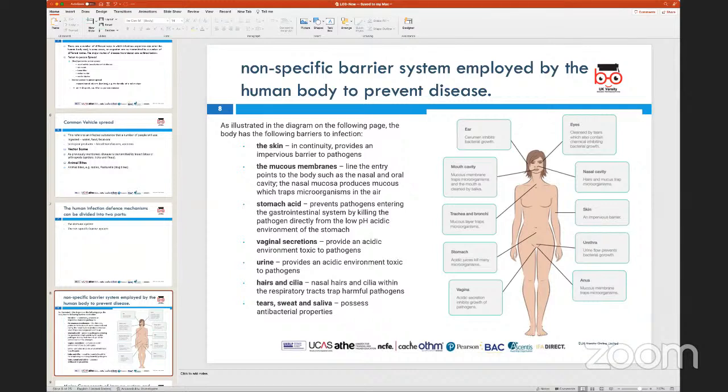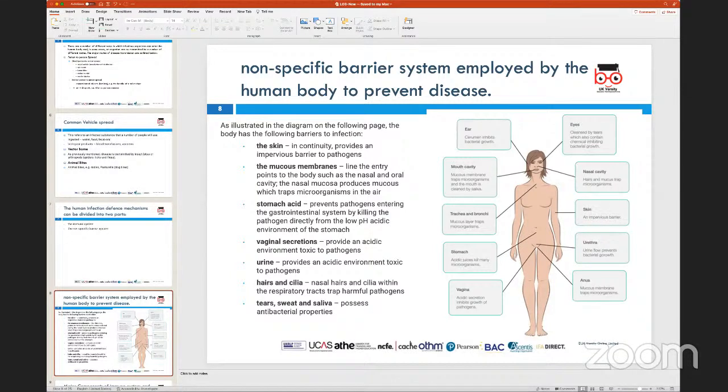Now, say for example you go for a swim in the ocean, and if your body's immune mechanism is weak, there are lots of different types of infections that you can get on your skin and within your body. That is why it is advised that you do not enter these bodies of water if you are already feeling weak, or if you are susceptible to getting infections in such locations.